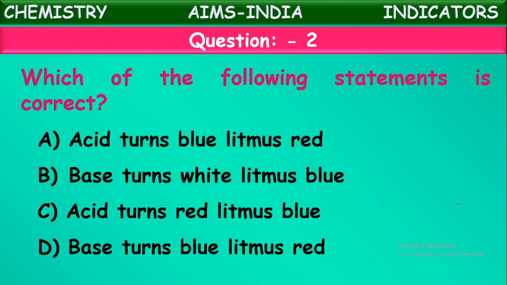Blue litmus is used to test acids. When this blue litmus is dipped into acids, it turns red. And red litmus is used to test bases. When red litmus is dipped into bases, it turns blue. Now here the correct statement is: acids turn blue litmus red. That is correct.